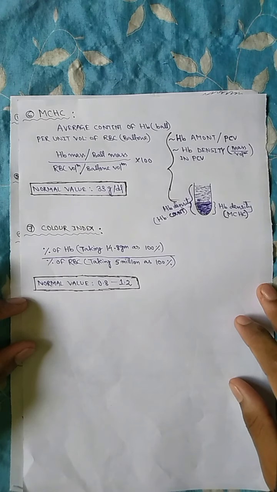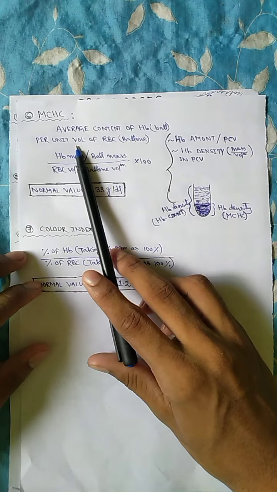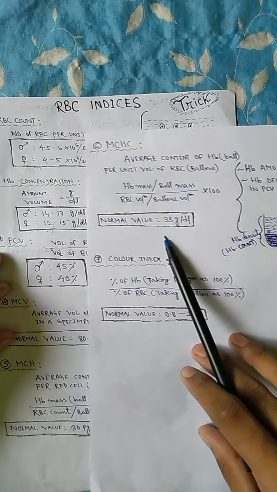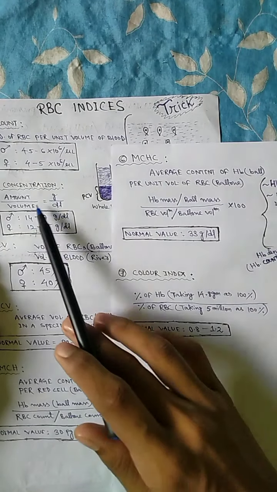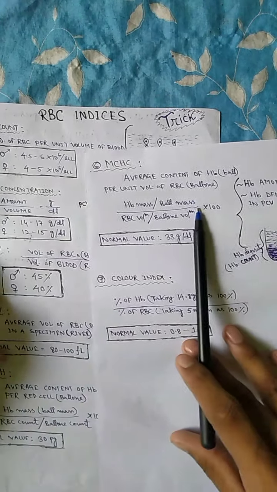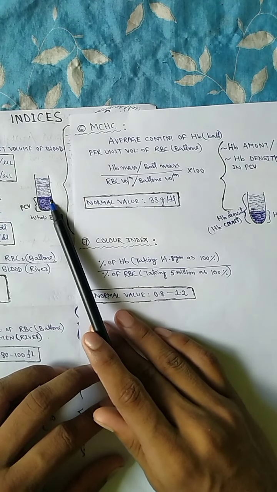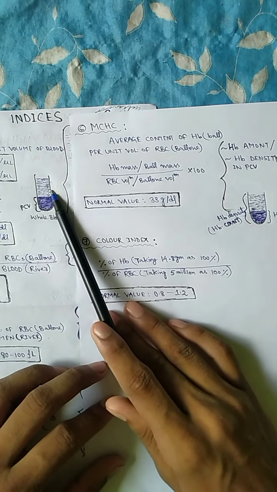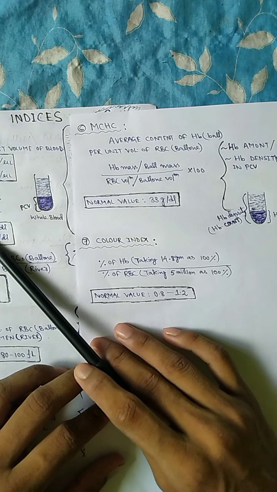Now MCHC, mean corpuscular hemoglobin concentration. See, there are two concentrations: mean corpuscular hemoglobin concentration and just hemoglobin concentration. So what is the difference? The difference is that for just hemoglobin concentration, as we know, concentration equals mass by volume, so the amount of hemoglobin in whole blood will be the hemoglobin concentration in general.